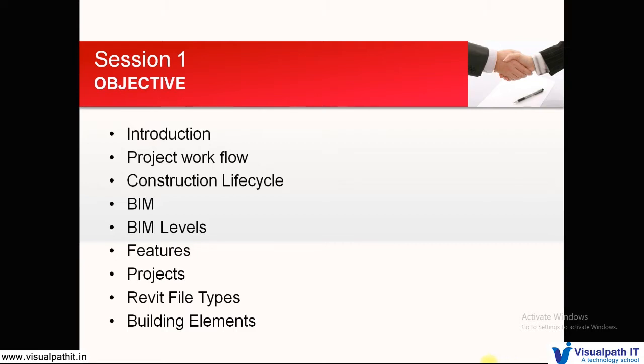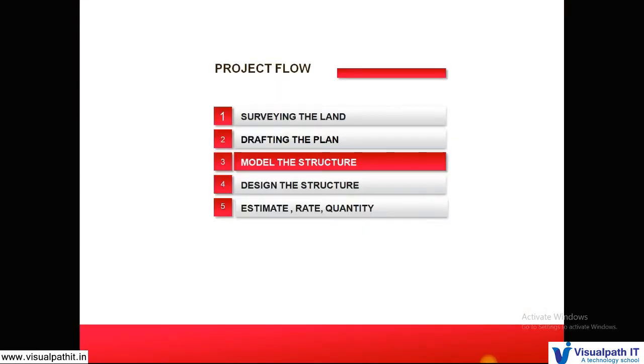So let us start with the project workflow. Now, as freshers and civil engineers, this is the project flow. When you get a new project, first the surveying is done. Survey of the land is done, and then the 2D drafting is generated.